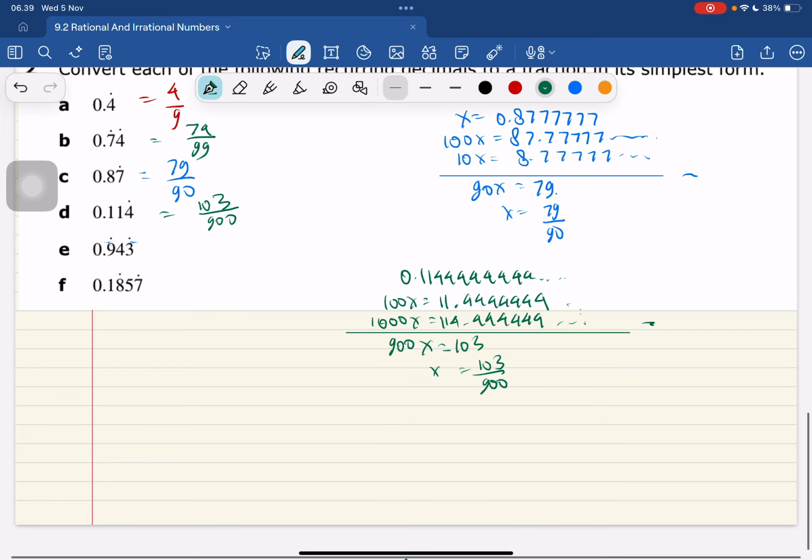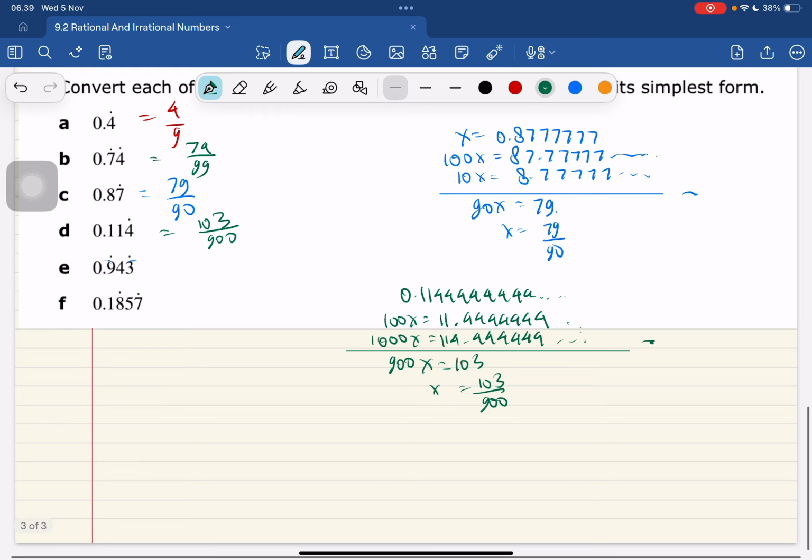So this is going to be 0.943, and then it will be repeating again, because before and after the dot it is going to be repeating like this.